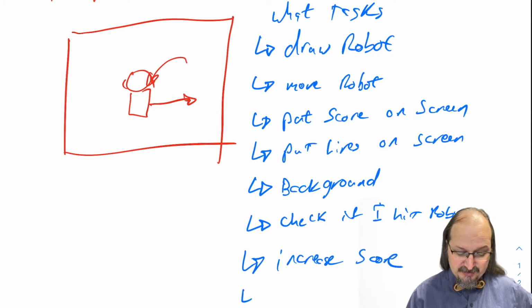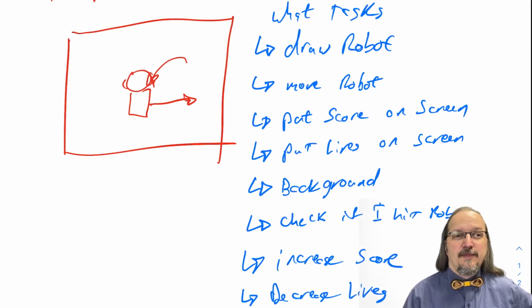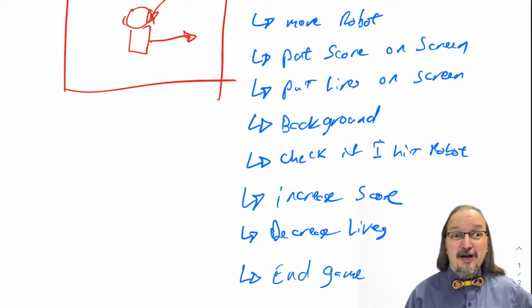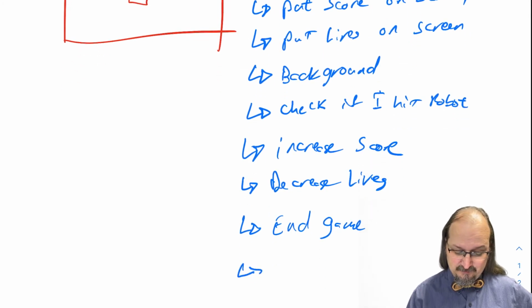We need to be able to decrease lives. So far, so good. And we need some way to end our game. And thinking of that, we might also want an opening screen, right? So you know what? I'm not going to say opening screen. I need to start game.